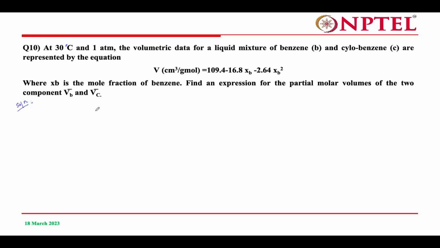As you know, the summability relation M is equal to x1 M1 bar plus x2 M2 bar. We just derived the two equations. So M1 bar equal to M plus x2 dM by dx1, and for M2 bar, M minus x1 dM by dx1.